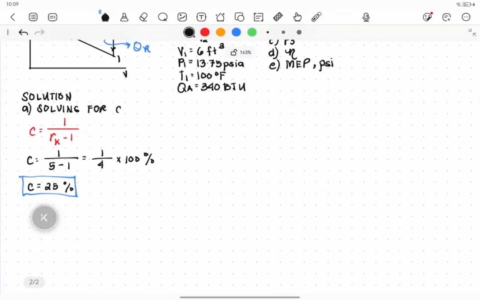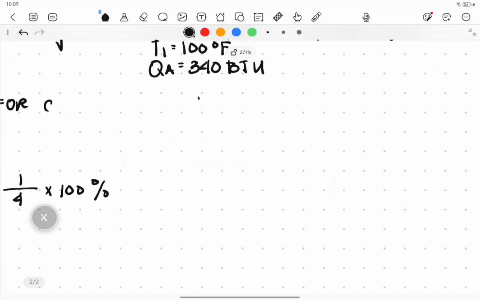So for B, let us also include C, solving for T3 and P3.